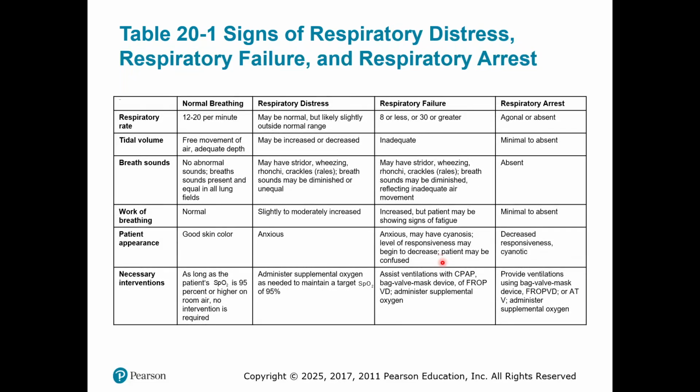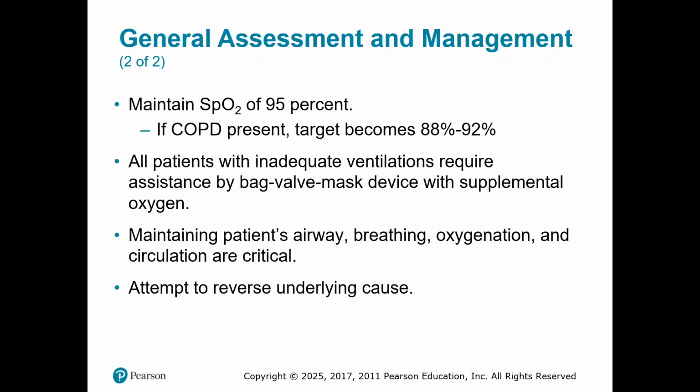You better pick failure, right? If they're not giving you anything to go on other than that, then I'm going to pick failure. But when we're talking about in the field and presentation, that's when I like to look at chest rise and fall. All right, maintain SpO2 of 95%.